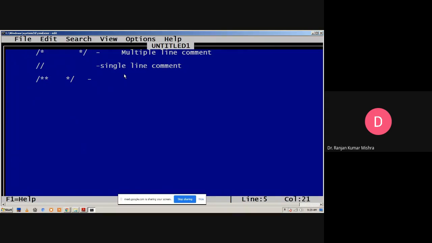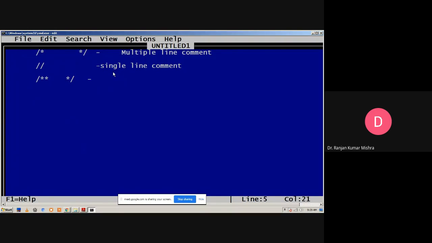The third, the final comment type, works in the same fashion as the multiple line comment, but with the additional benefit that it can be used with the Java automatic documentation tool, Javadoc, to create automatic documentation from the source code. So these are the different types of comments.